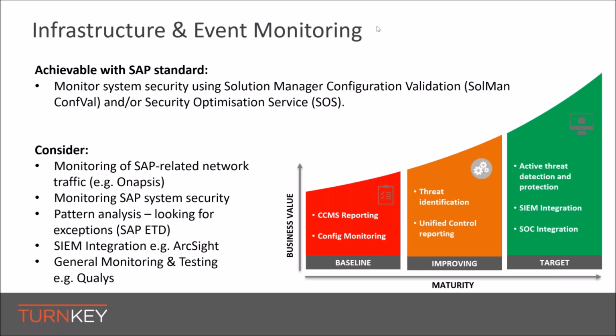But really, if you want to do infrastructure and event monitoring properly, you need to start thinking about some of the tooling that's available. Firstly, the SAP tool Enterprise Threat Detection has been created for this sort of purpose to help you manage patterns within the SAP environment and match those to patterns outside of SAP as well. So that's one of the capabilities you can apply.